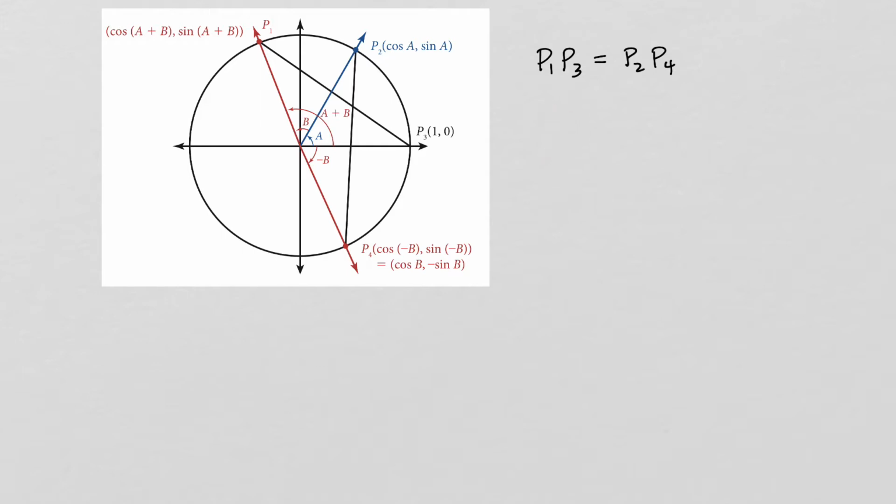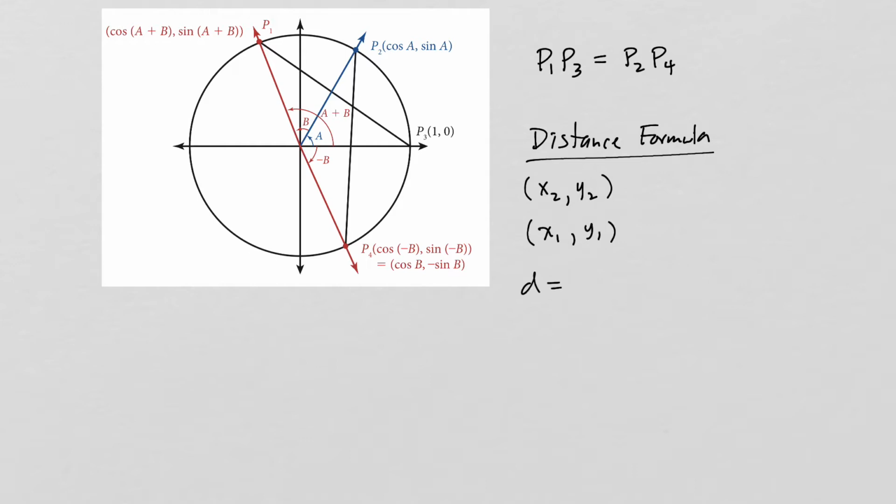So let's remind ourselves of the distance formula. Suppose you have two points, we'll call one of the points (x2, y2), and the other point (x1, y1). To find the distance between these two points, we take the square root of the difference between the x-coordinates squared plus the difference between the y-coordinates squared.